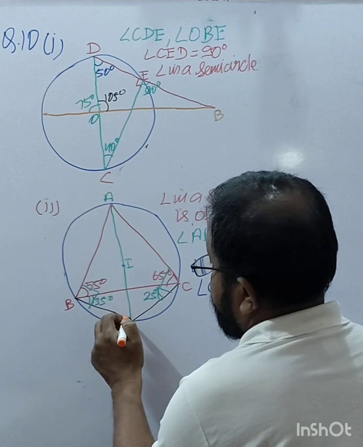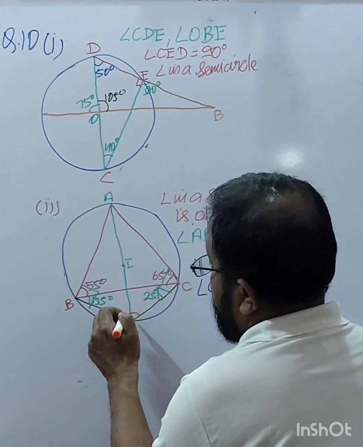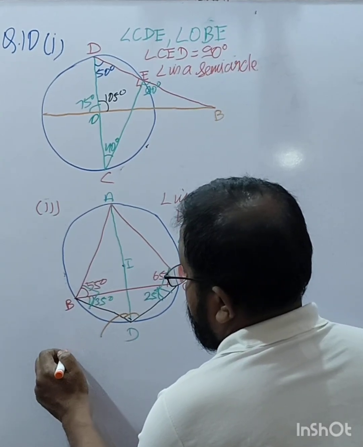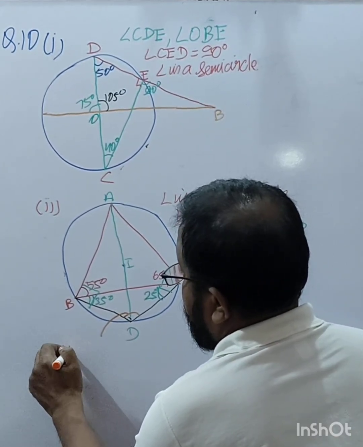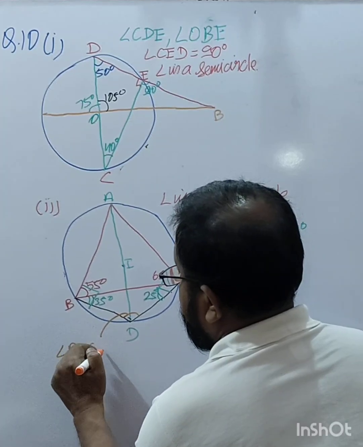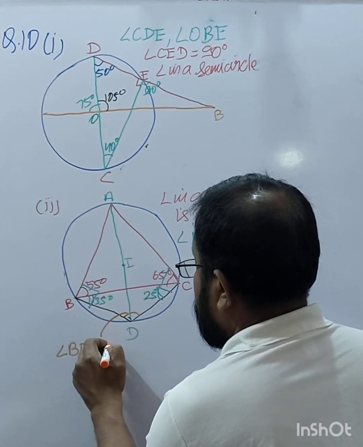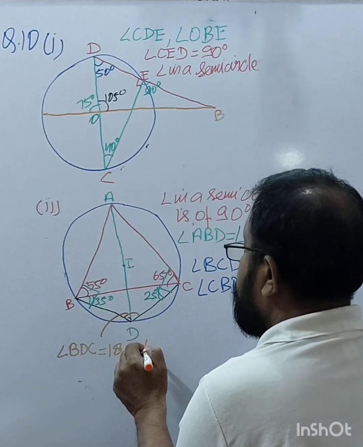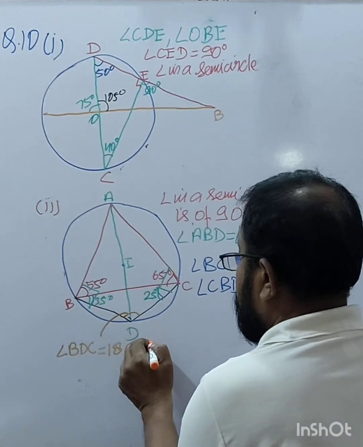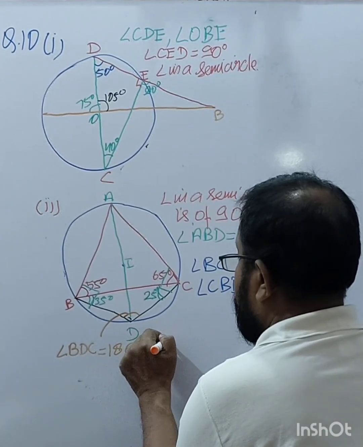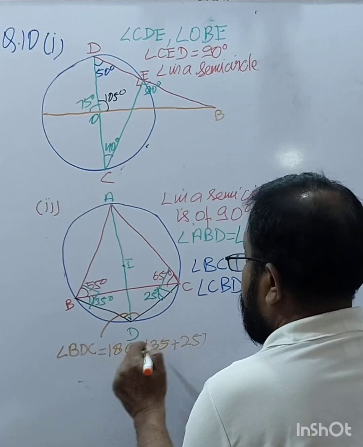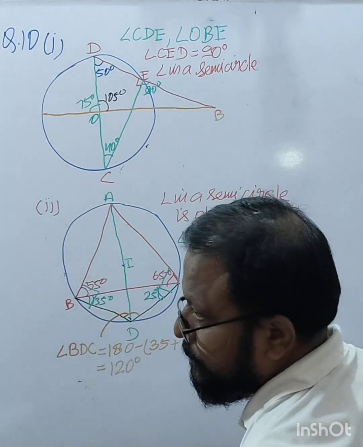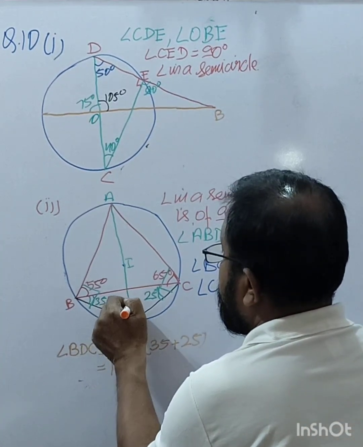This is how much? Angle BDC is equal to 180 minus 60, that is 35 plus 25. So it becomes 120 degree. So this is of 120 degree.